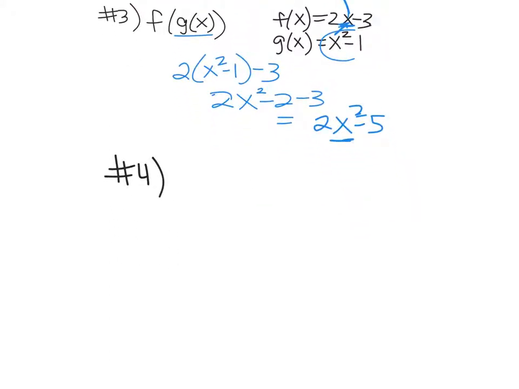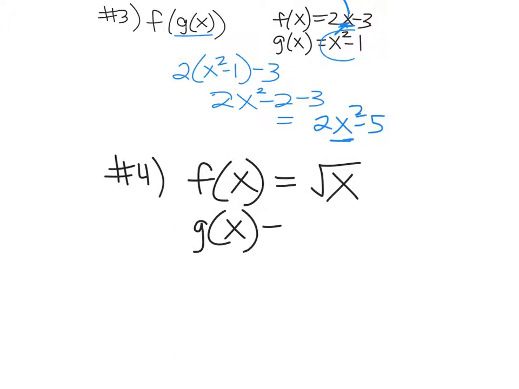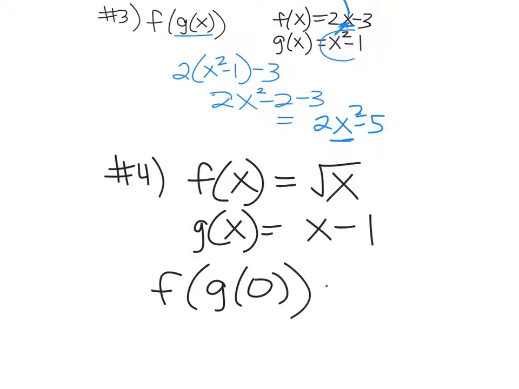I'm going to change f of x and g of x finally. If I tell you that f of x is the square root of x, and g of x is x minus 1, and then I ask you to find f of g of 0.